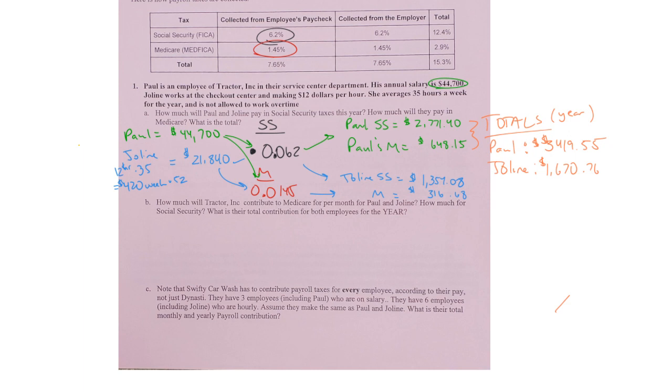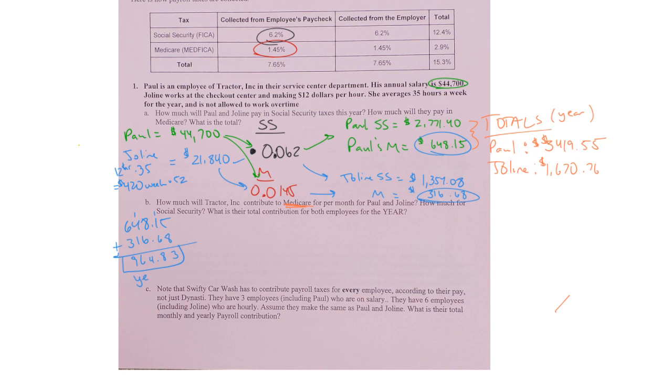So I want Medicare. So for Paul and Jolene, well, here's Paul's Medicare. Here's Jolene's Medicare. So I'm going to do 648.15 plus 316.68. So for the year, they're going to pay $964.83.